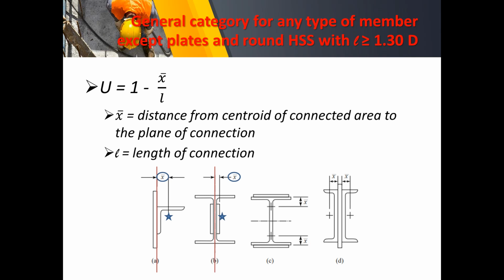If we have the connection within the flange, then the line of connection, or the axis of connection, will be horizontal, and this is the centroid on one side, or the upper fiber referring from the neutral axis, and therefore this is the X bar.